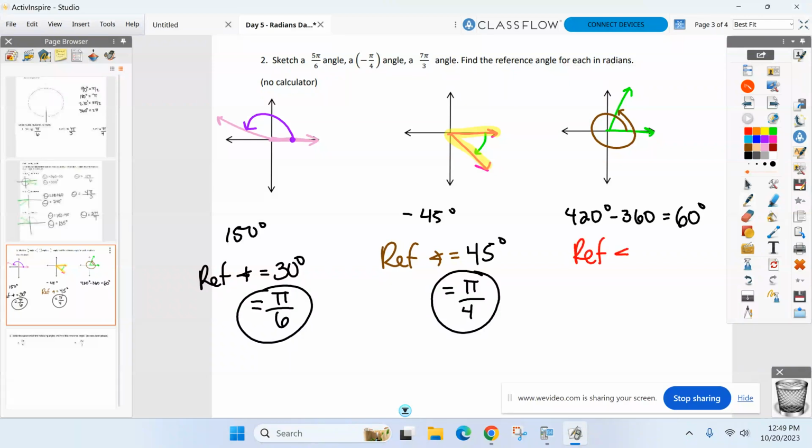All right, reference angle. Be careful. We're on the y-axis if we go 30. What's my reference angle? 60. Oh, shocker. What's 60 in radians? Pi over 3. So you guys were correct. I can just look at the radians and figure out what that reference angle is going to be.